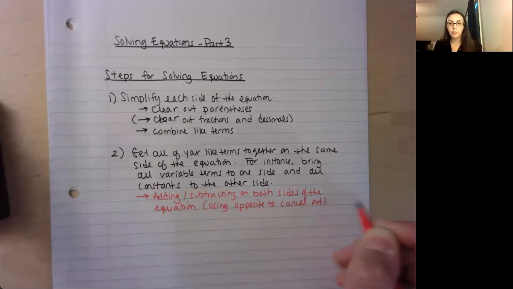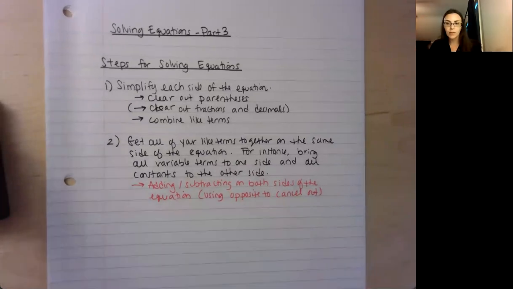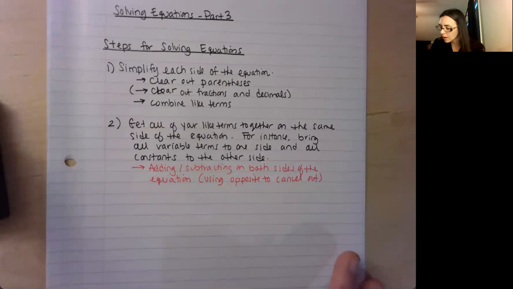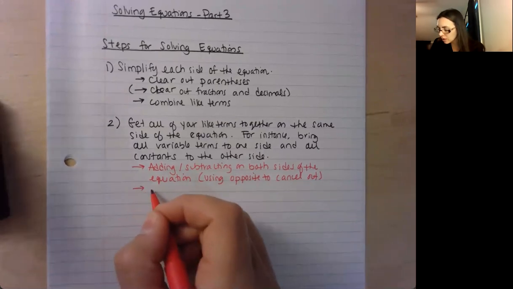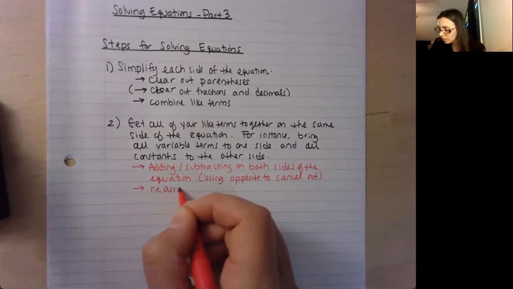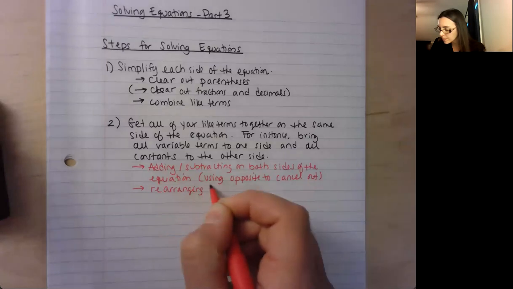So this is when we're going to try to move things from one side to the other. So if it's like a +4, you're going to use a -4 on both sides, right? So this is the point where you're moving things around. You're rearranging the terms.